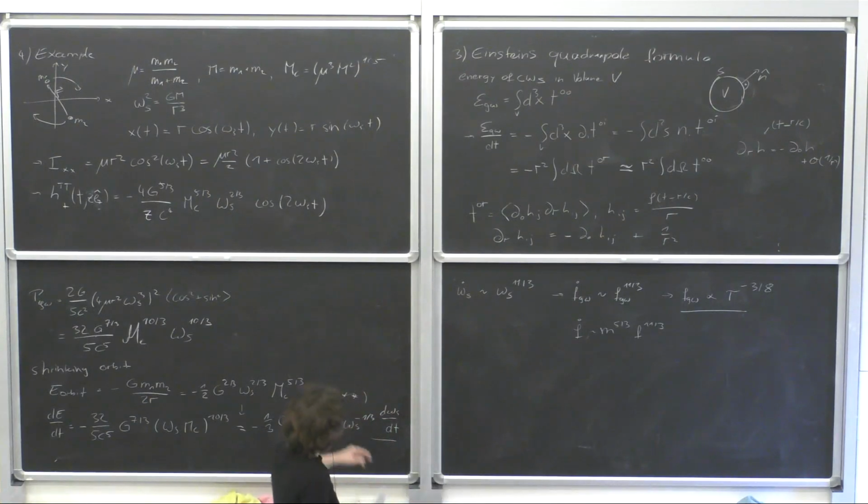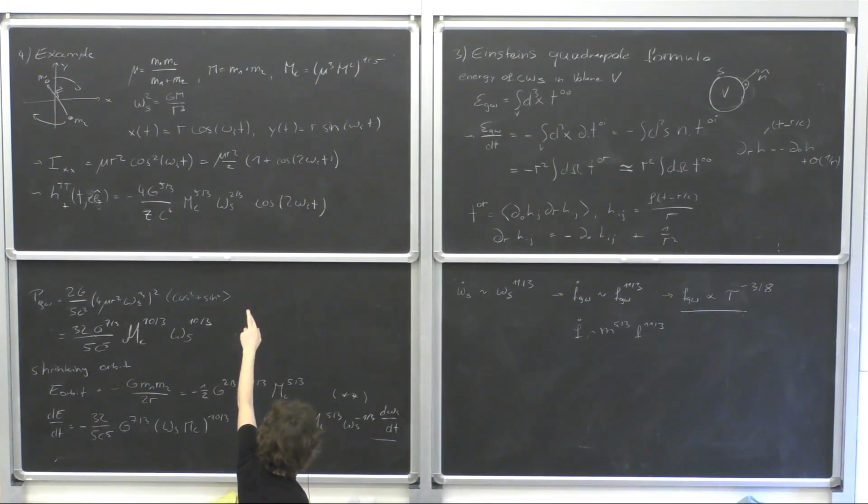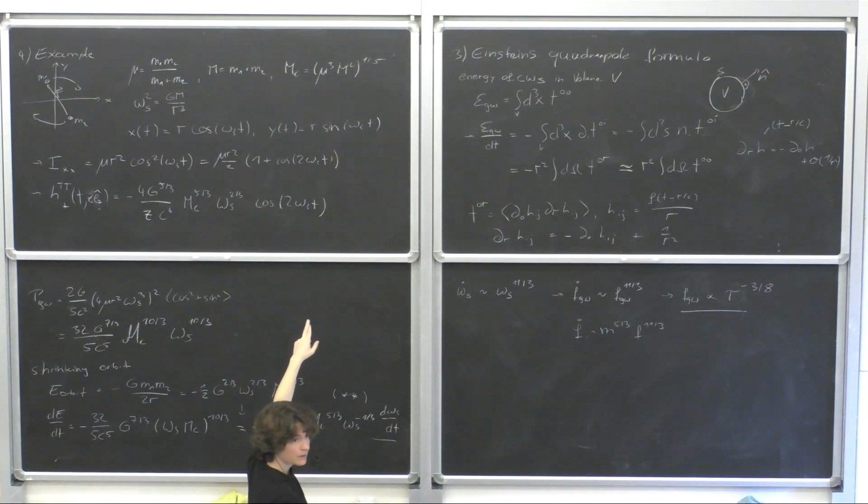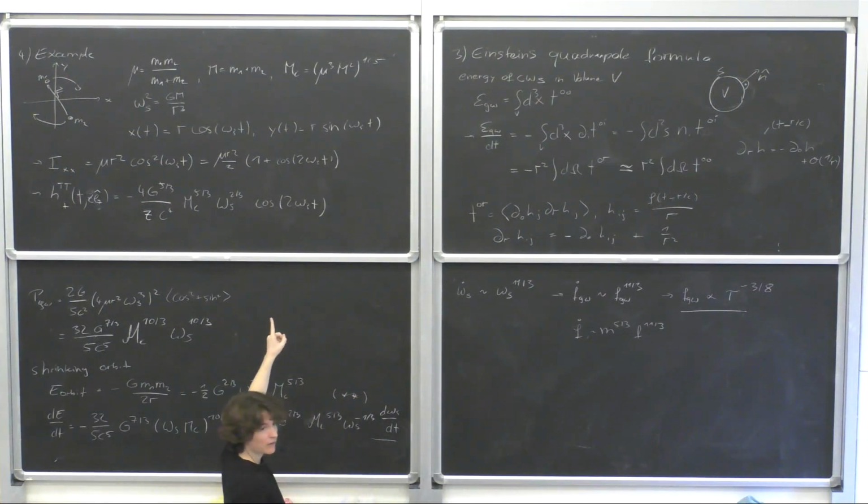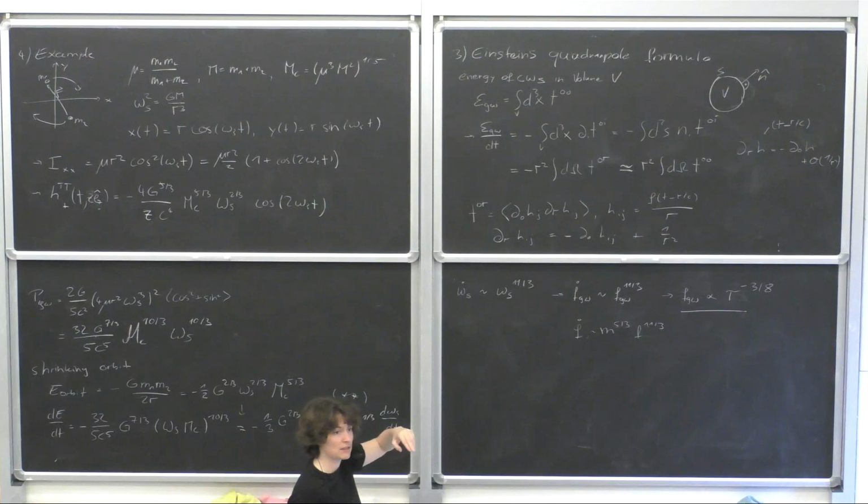Now you need to take into account that omega also depends on M. You need to compare omega with d omega over dt, taking into account that relation. Once you fix the mass of the system, you fix the frequency. So you cannot vary mass and frequency independently.